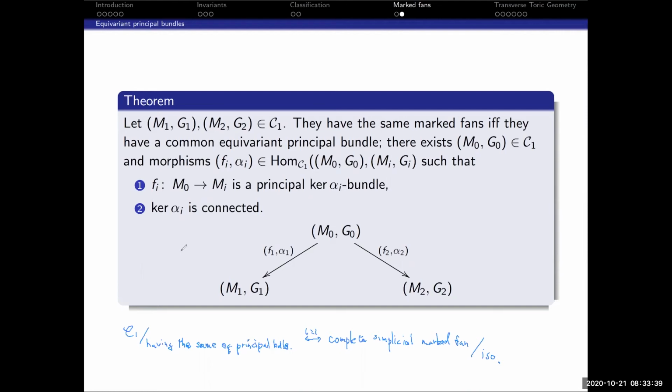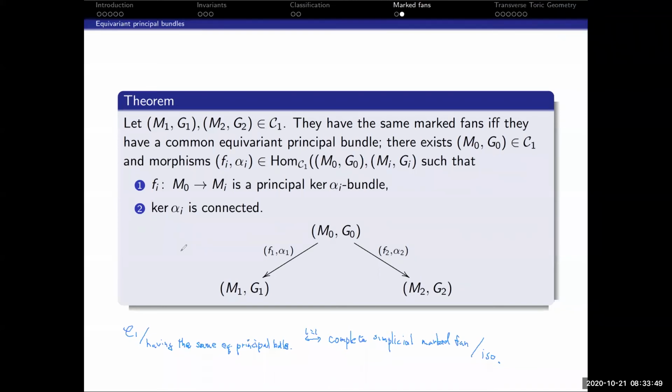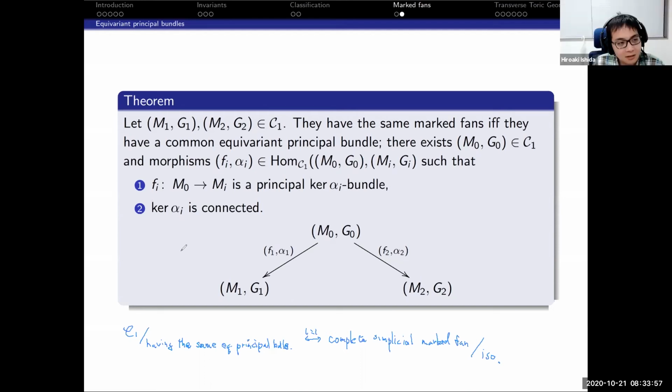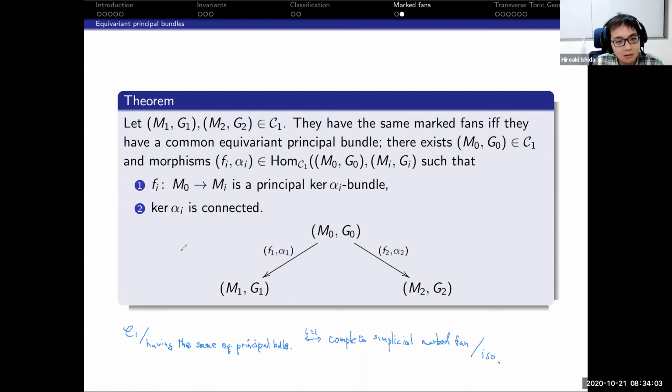This was called a homotopy or Morita equivalence between the groupoids, and they would define the same stack. This diagram is exactly that diagram, and what this proves is that M1 G1 and M2 G2 define the same stack and the same quantum toric stack.